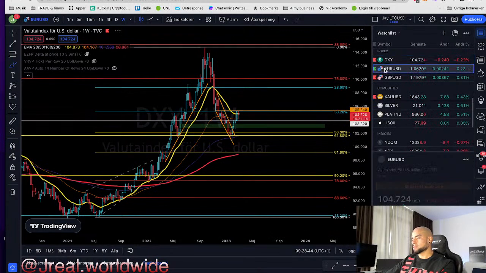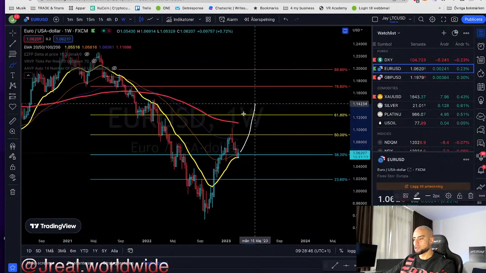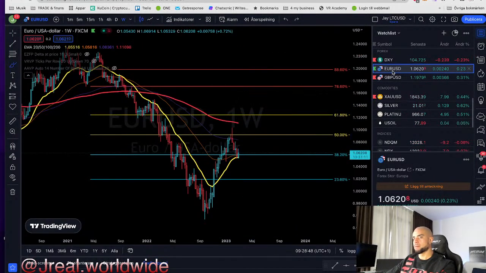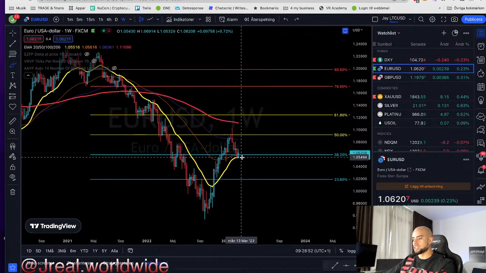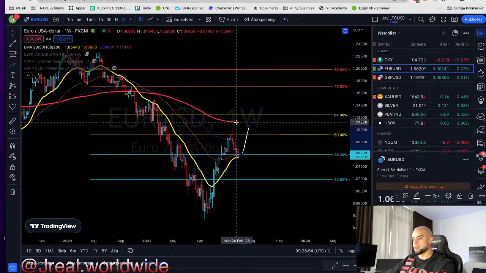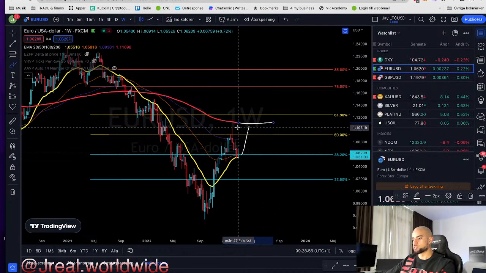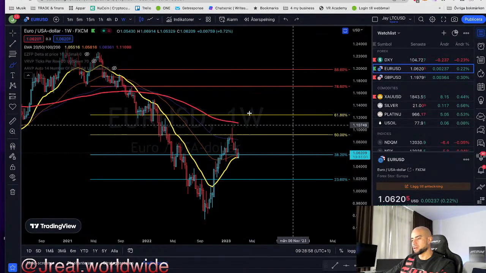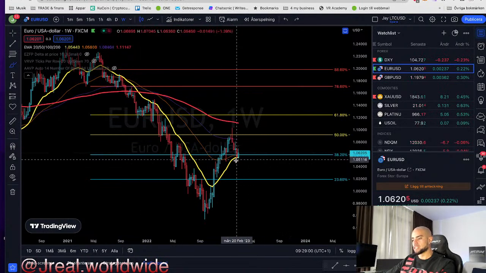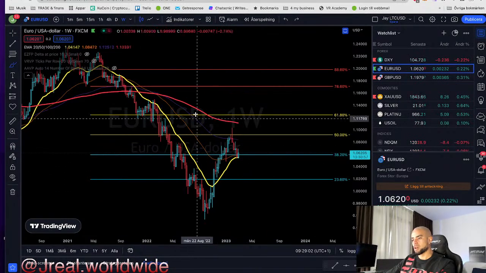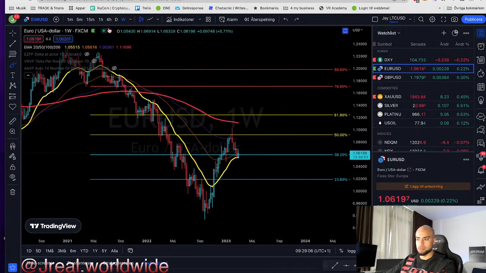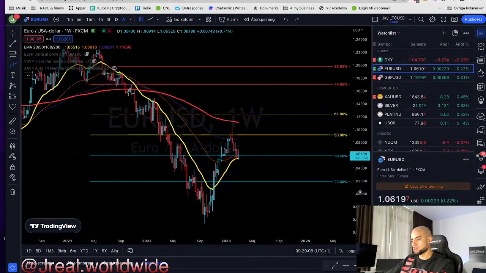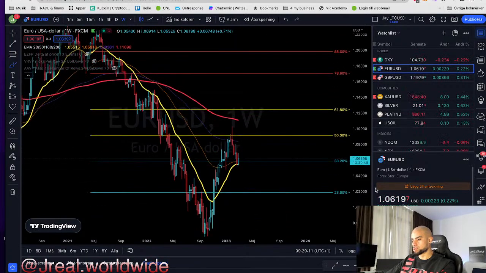And if it comes down, of course, Euro USD goes up because it's paired against the US dollar. So I definitely want to see Euro USD come up and reject the 200-day EMA inside the sweet spot zone and take it from there. And we are right now testing the 20-day EMA on the weekly time frame as support, which is strong.